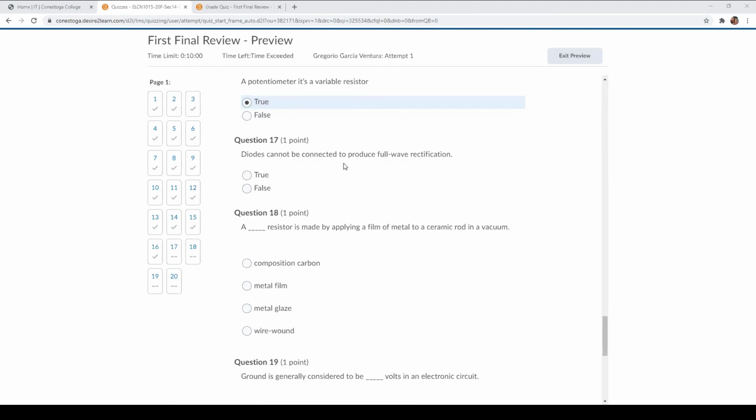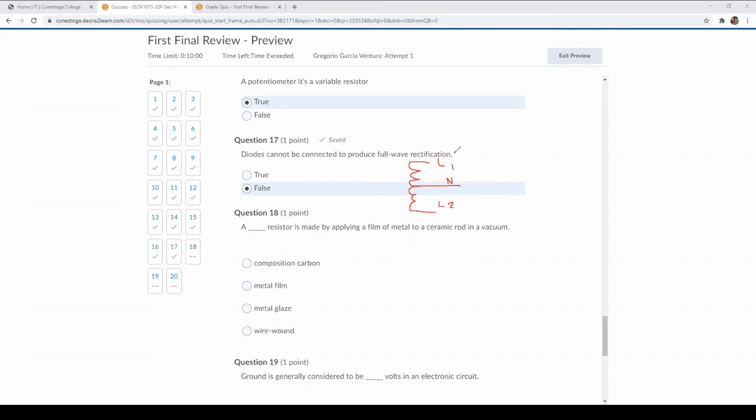So diodes cannot be connected to produce full wave rectification. That is absolutely false. Because we know that when we have a center tap transformer, let me remind you, where we have line 1, and we have a common that we are going to call the neutral, and we have a second side that is called line 2.